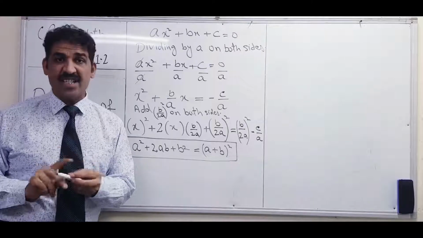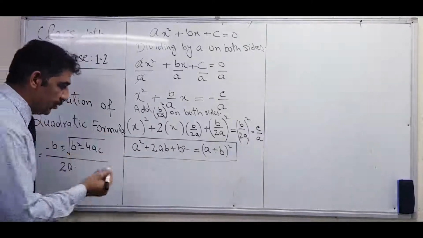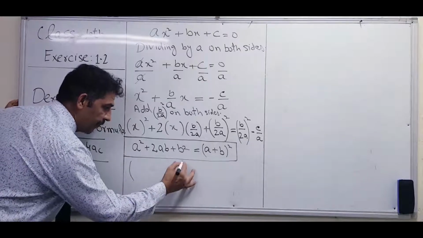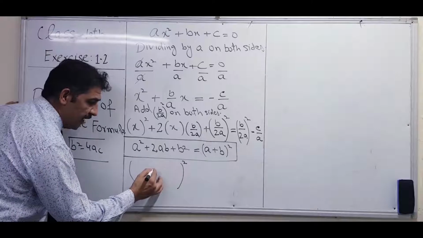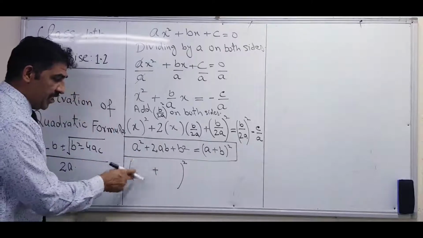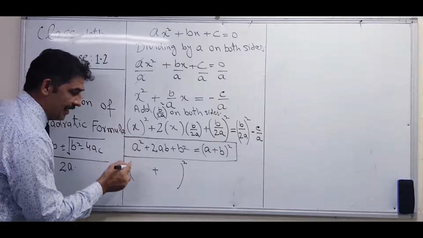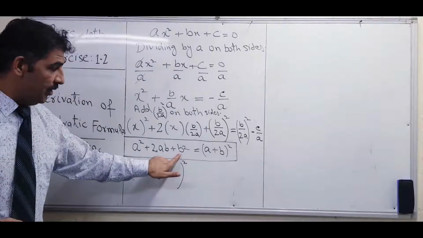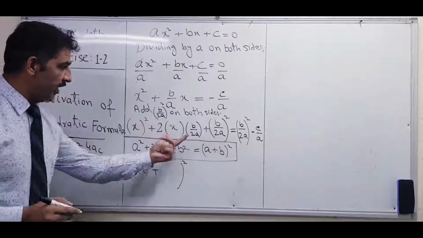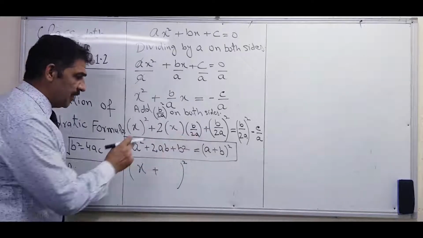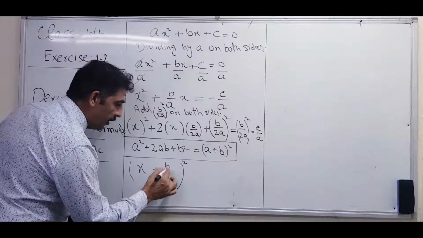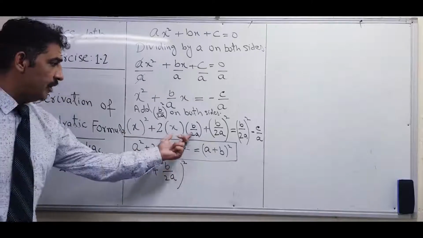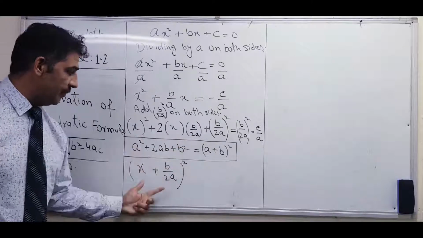Then we take the square root on both sides. According to the formula, we write the perfect square with a plus sign between them. What is the first element in place of a? That is x. What is the second element? Second element is b over 2a. Here you can also combine these two elements, but keep the sign in mind.